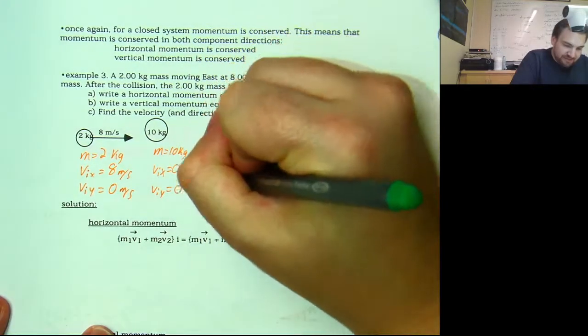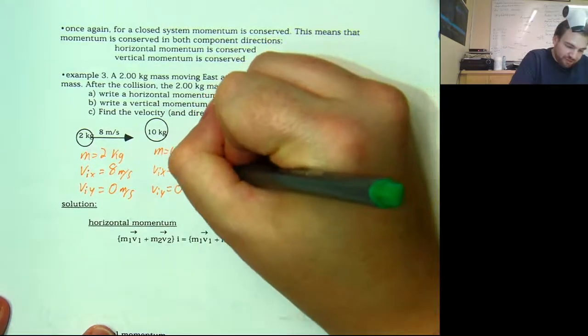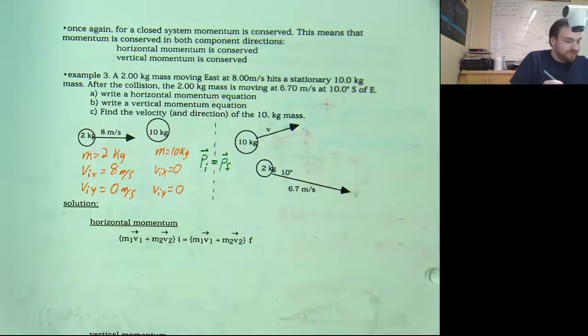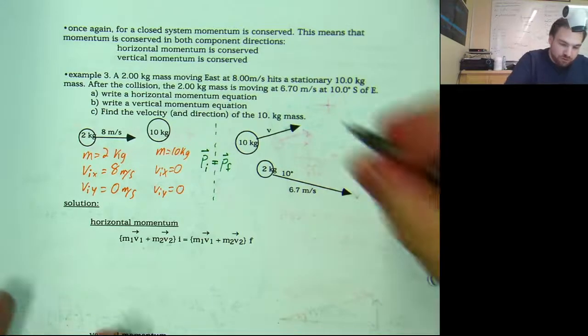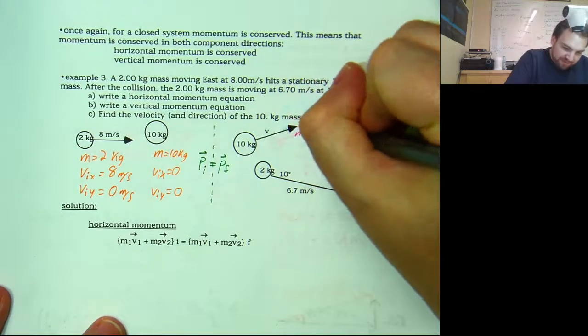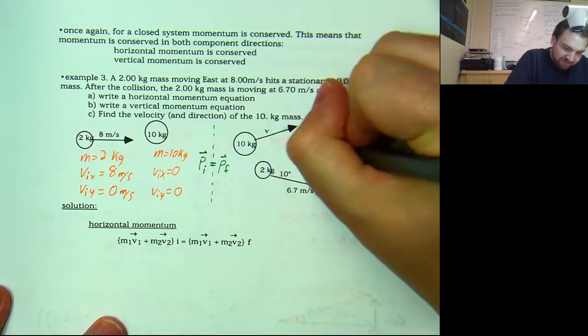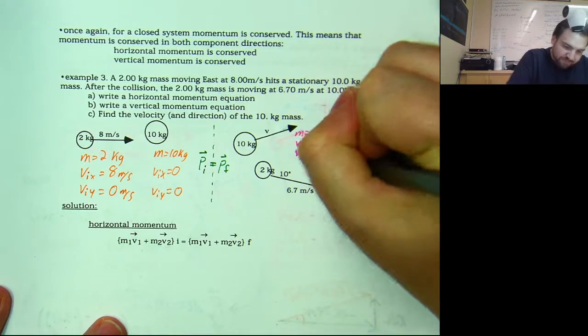This is our initial momentum. And we know that this is going to equal the final system momentum. So the 10 kilogram mass has some Vx final and Vy final. We don't know what either of those are.